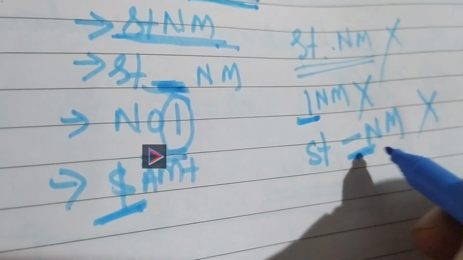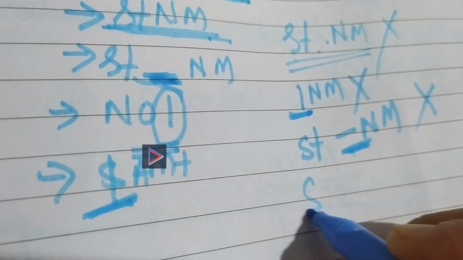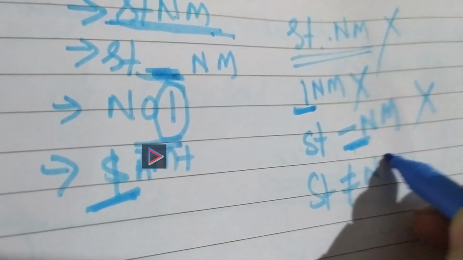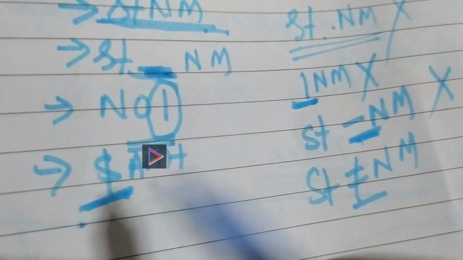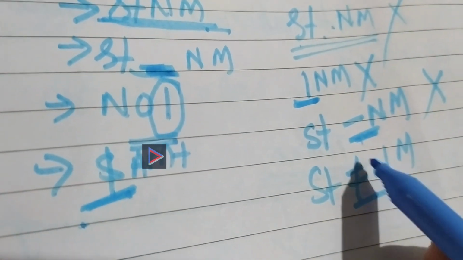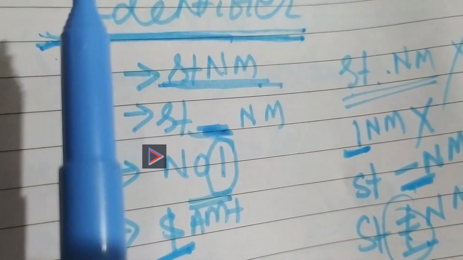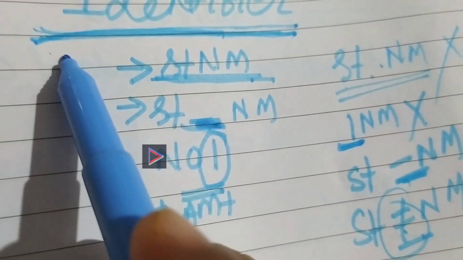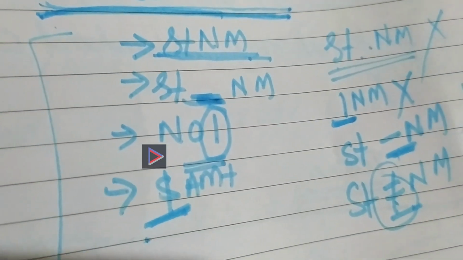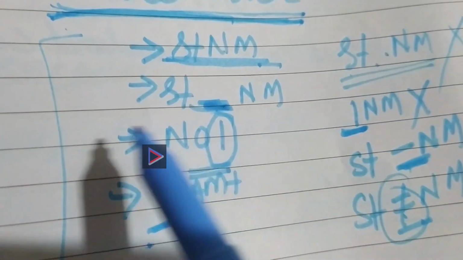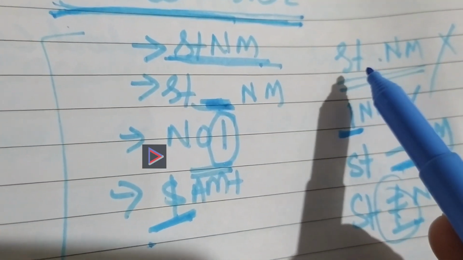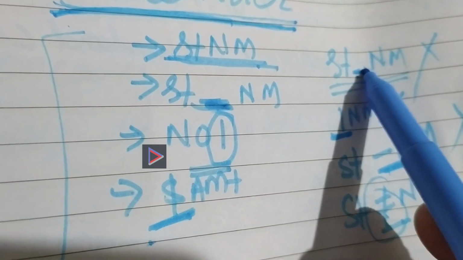Any other symbol other than the dollar and underscore, you cannot use. So when you are naming a class or method or variable or object, you should follow these rules and regulations. Take care of it and never give a space between the letters.